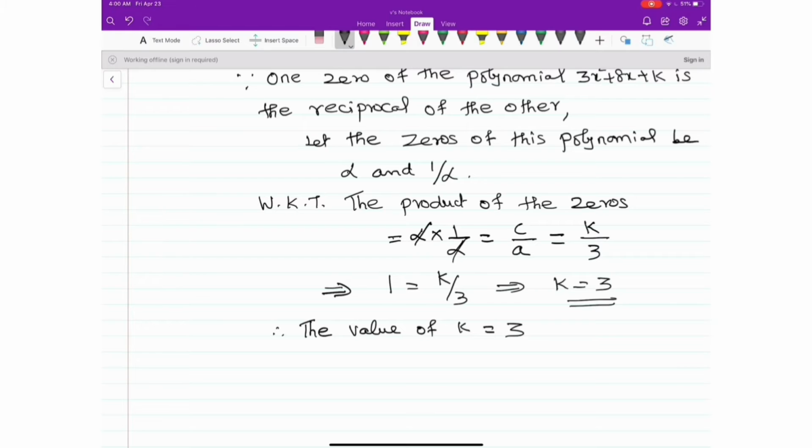Of course, you have to write your answer. That is very important. Answer, the value of k is equal to 3. This is going to be your final answer.